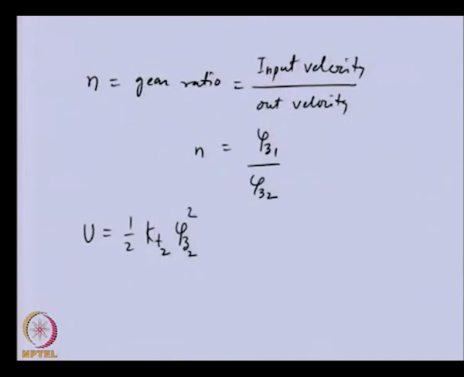This is the strain energy in the actual system, and using this gear ratio we can write this as KT2 phi Z1 by n, whole square. This is for the actual system.